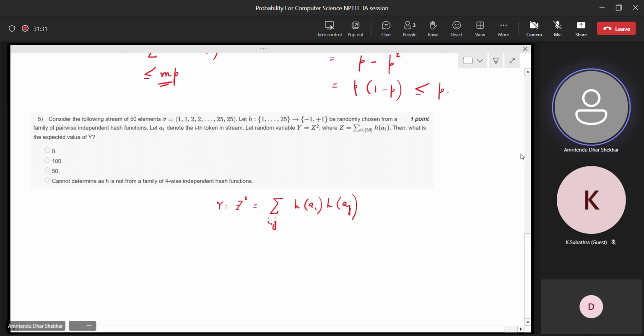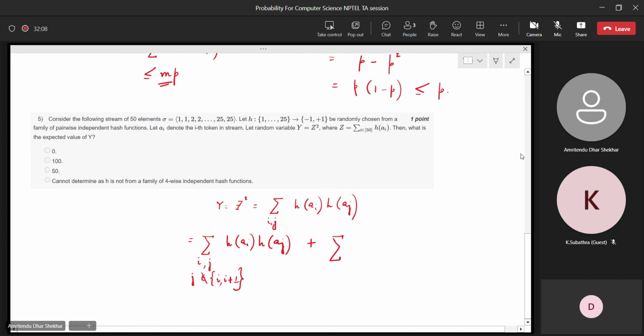Let's write it in this way: summation over i, j, where j does not belong to i or i plus 1, of a_i a_j, plus the sum over i equals 1 to 25 of a_i, plus the sum over of a_i a_i.